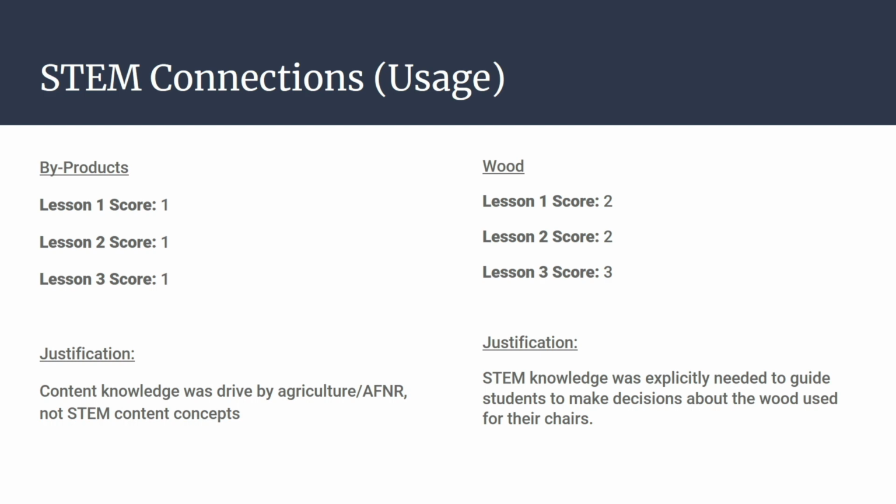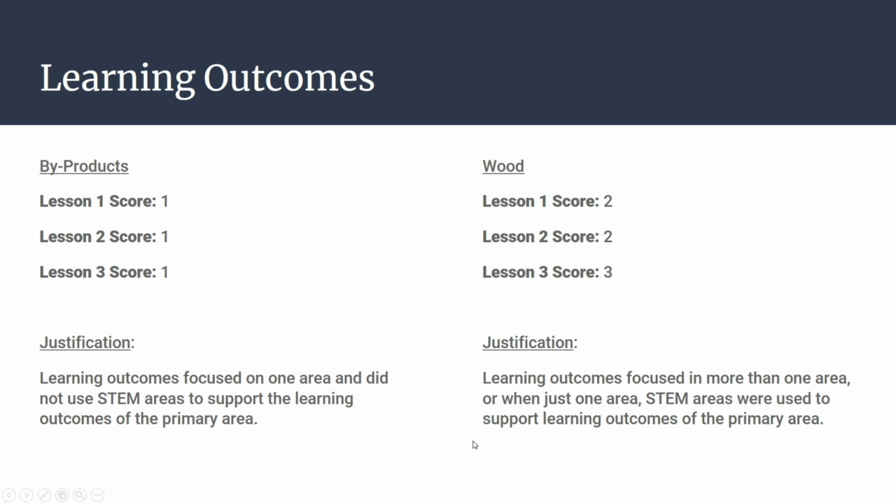And you'll see then at lesson 3, it was a level 3 because it was really a fuller, more complete, holistic integration of how those science and STEM concepts of buoyancy and density were being taught in a way that actually was useful in an engineering design approach of designing the chair and then actually using scientific inquiry to test and see what the evidence was in testing how strong that chair was with the wood products.